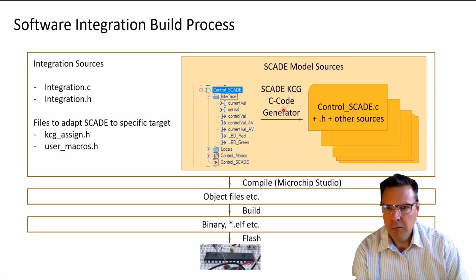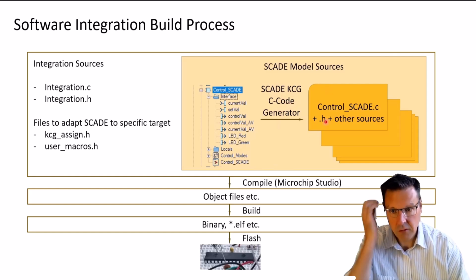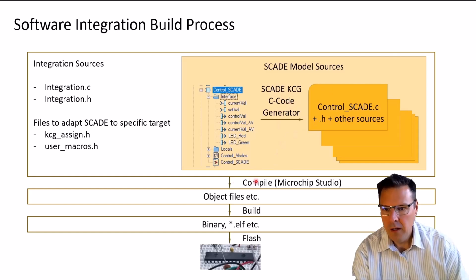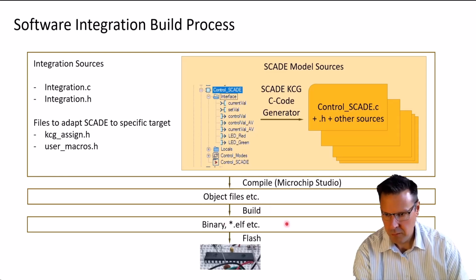Once we have all the SCADE sources, so once we triggered the KCG code generator, we will have all the C and H sources. Those are compiled with Microchip Studio again, in the first step, to have the object files. Then it will be linked and built together to the binary, to the ELF file and some other files.